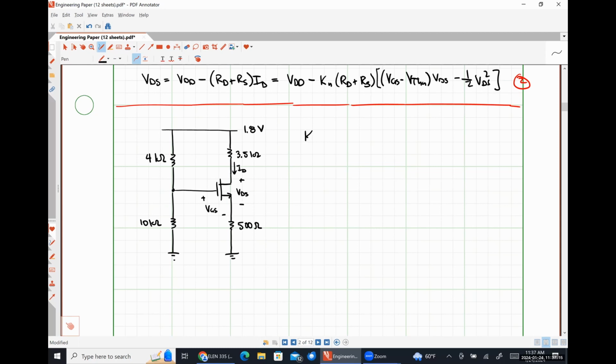And we're told that our transconductance parameter Kn is 1 milliamp per volt squared.